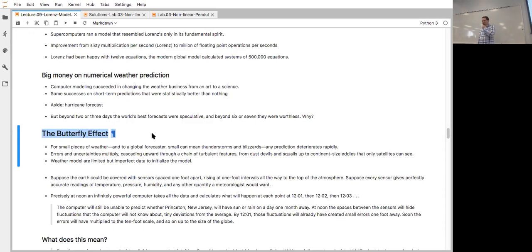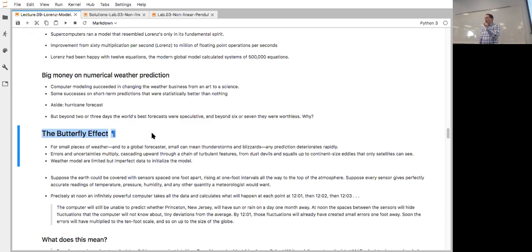One of the implications of Lorenz's work was the following. The computer will still be unable to predict whether Princeton, New Jersey will have a sun or rain day 1 month away. At noon, the spaces between the sensors will hide fluctuations the computer doesn't know about, tiny deviations from the average.